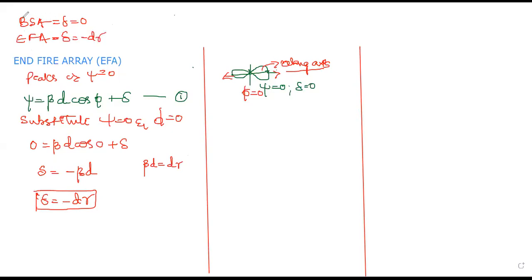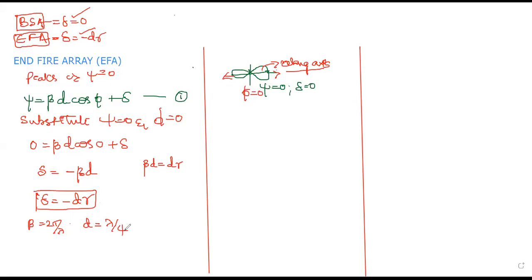So if the problem mentions a broadside array, you directly take delta equal to 0. Or if the problem is an end fire array, you consider delta equal to minus dr. Very important difference which you have to remember. Delta is equal to minus dr in the end fire array. Now consider a value, for example, beta equal to 2 pi by lambda, which is the general equation.